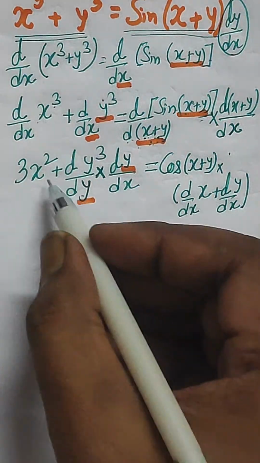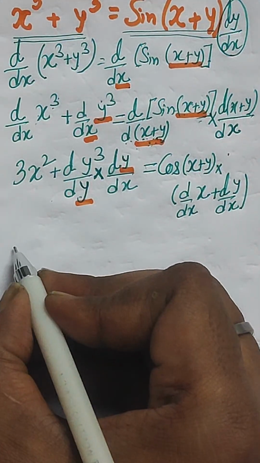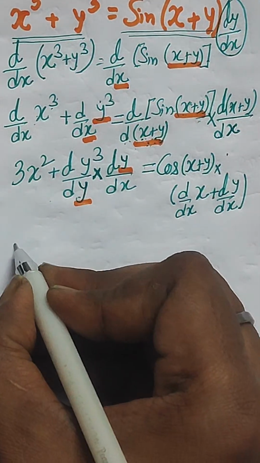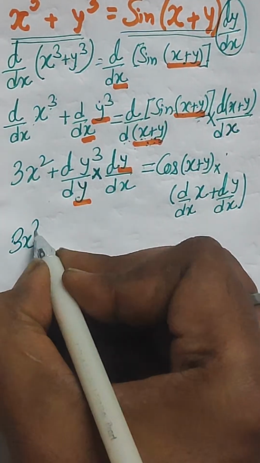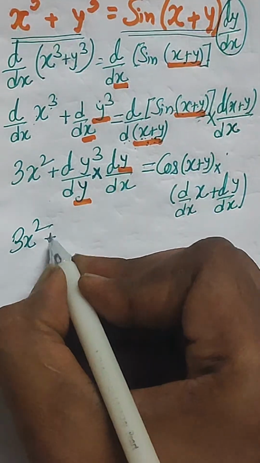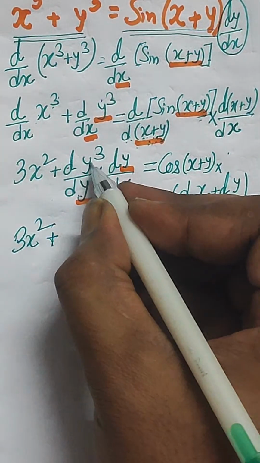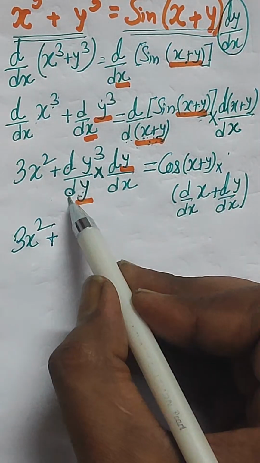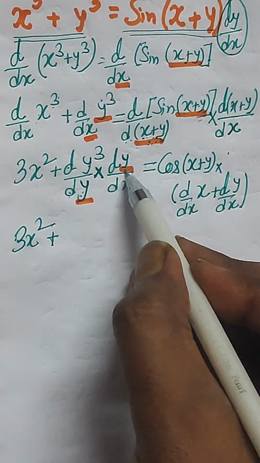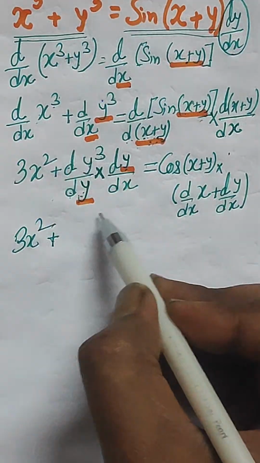Now coming to the third step, 3x square will be as it is, plus, now we can differentiate this y cube because we already inserted dy into the denominator and numerator of the LHS with this term.